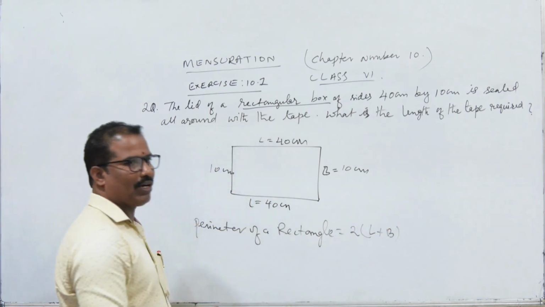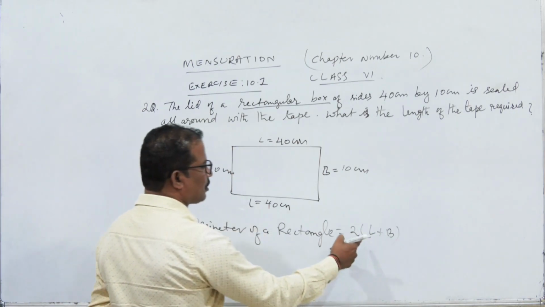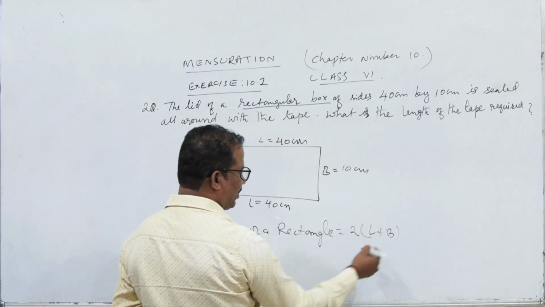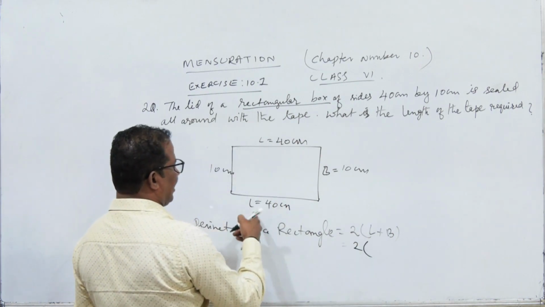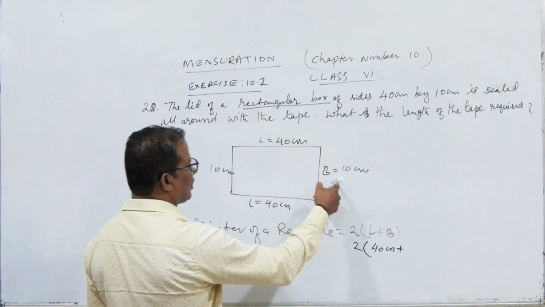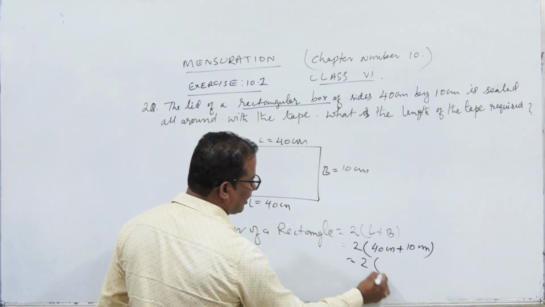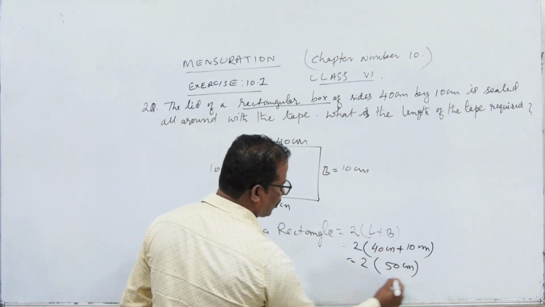This will be the direct formula of finding the perimeter of a rectangle. Because there are 2 lengths and 2 breadths, 2 is taken common, so length plus breadth. Understand? So in this you can see length is how much? 40 centimeter, then breadth is how much? 10 centimeter. So first we have to find the sum of these two. 40 plus 10 is how much? 50 centimeter.